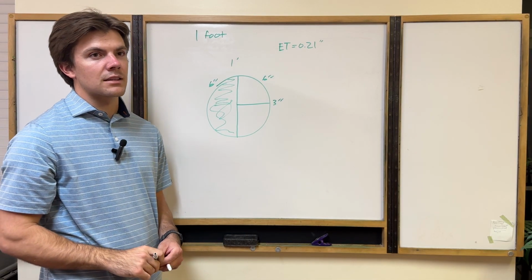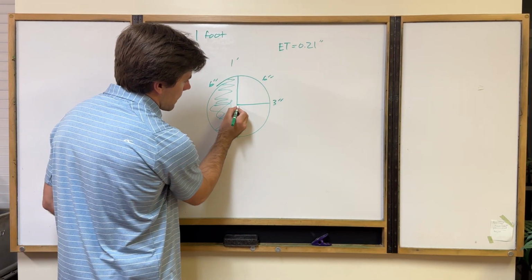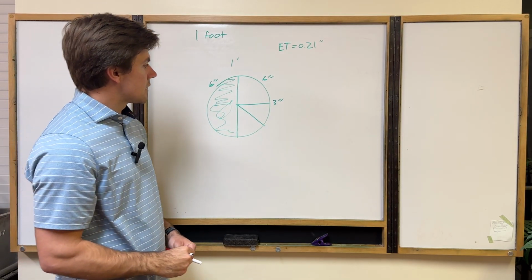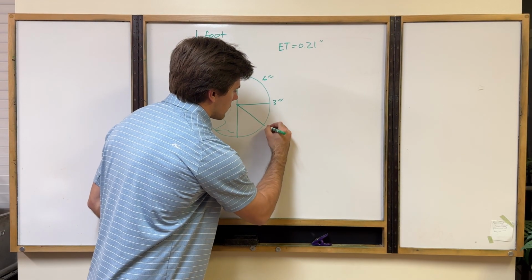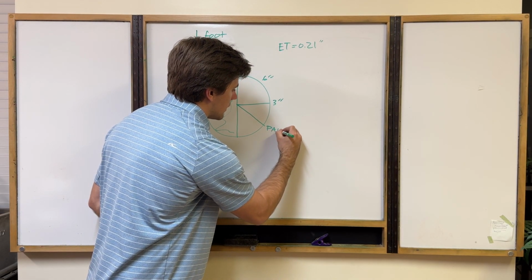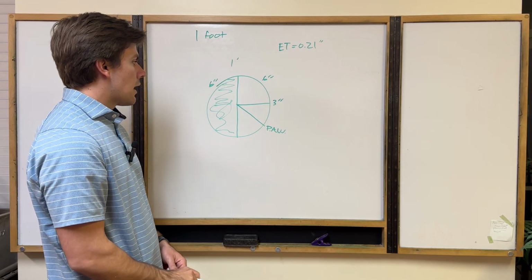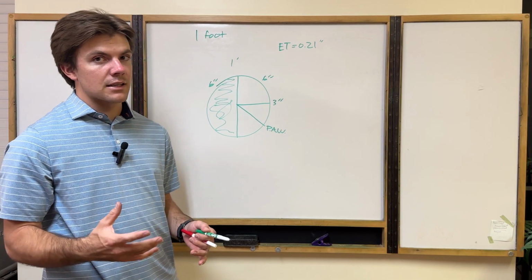So the next half down here is what we call plant available water, we'll say PAW. That's plant available water right there. And that basically just means that this is the water that your plants actually have access to.